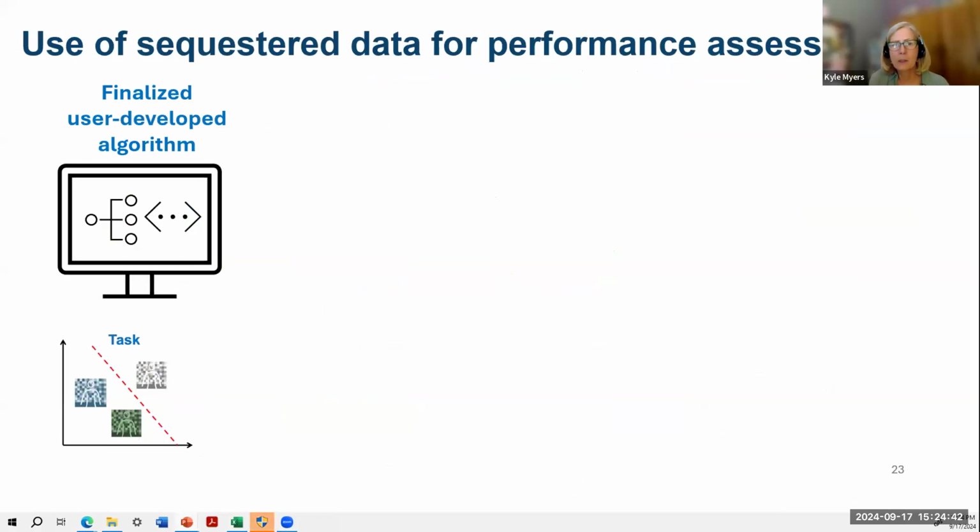So how might we use the sequestered data for performance assessment? Our envisioning of this looks like this. A developer of an algorithm finalizes their algorithm and surmises that it is ready for third party independent evaluation for a particular task. In this case, the task might be classification. How well does my algorithm separate patients in these two groups?